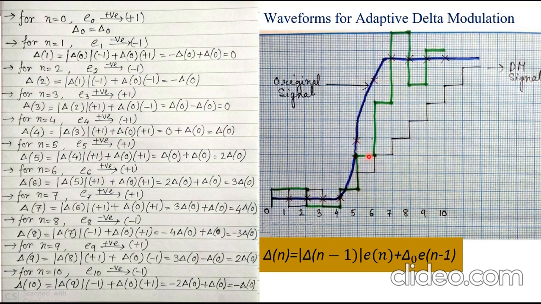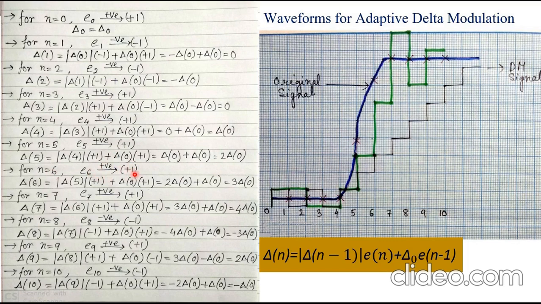So for n equal to 6. So now n equal to 6. So original signal is greater than the staircase signal. So error will be positive. So for n equal to 6, E6 is positive. It means you have to send +1.